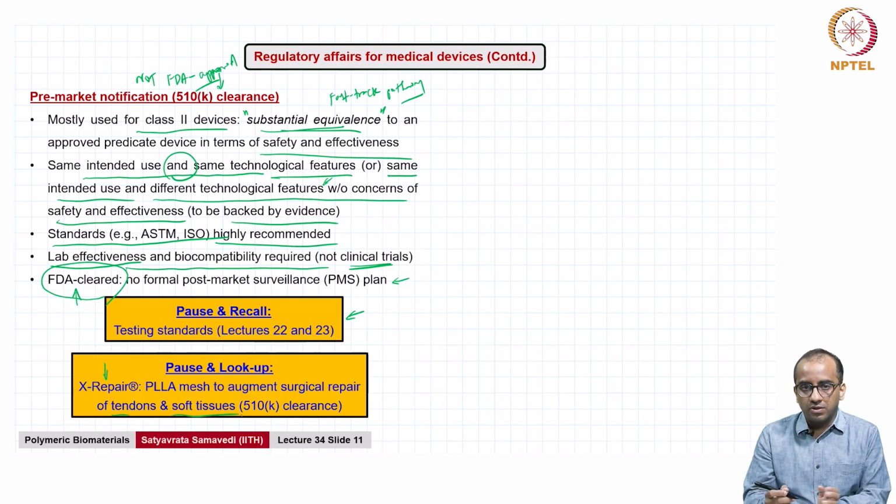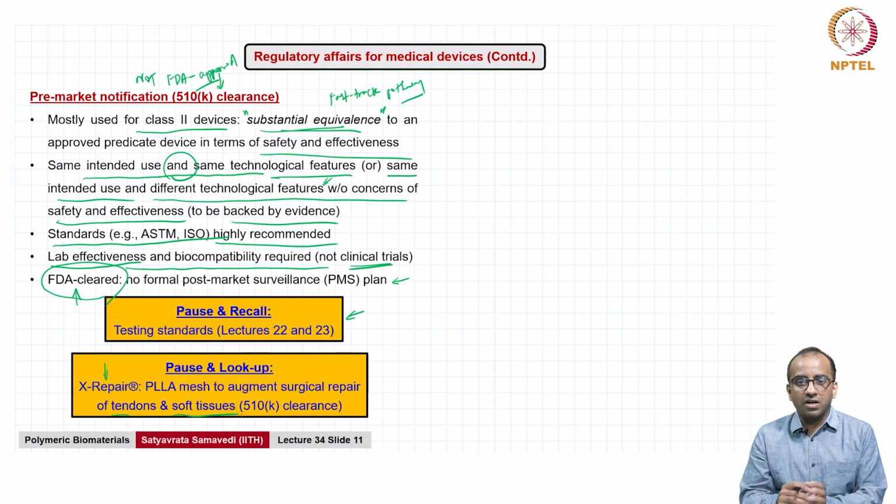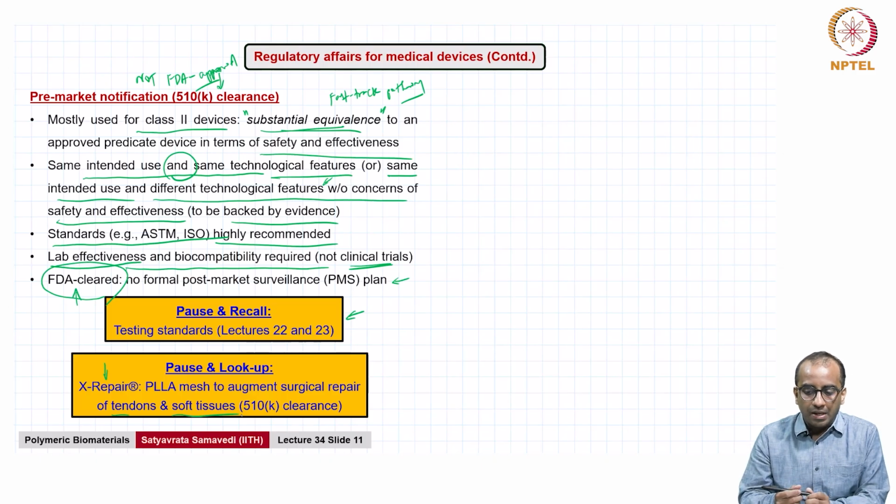Essentially, this has gone through and been cleared by the 510(k) pathway, and it's been successfully used. So, you can take a look at some of the standards that this company has used for clearing this as a class 2 device for augmenting surgical repair of tendons and soft tissues.